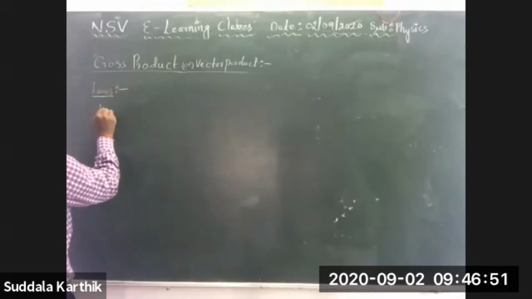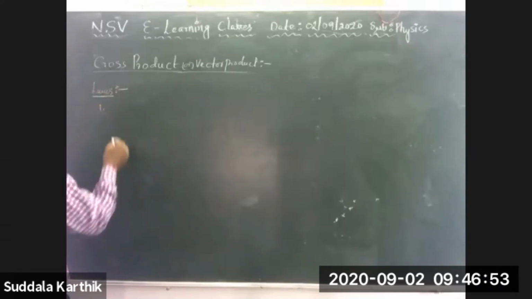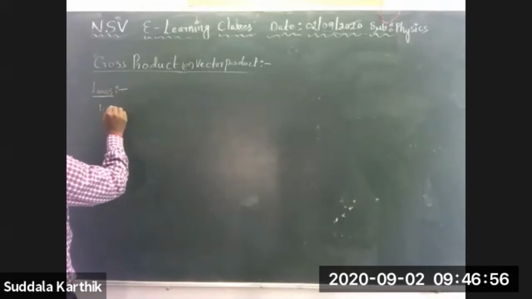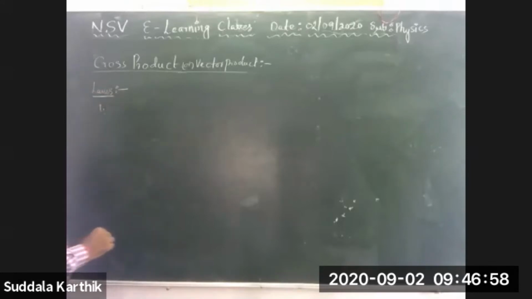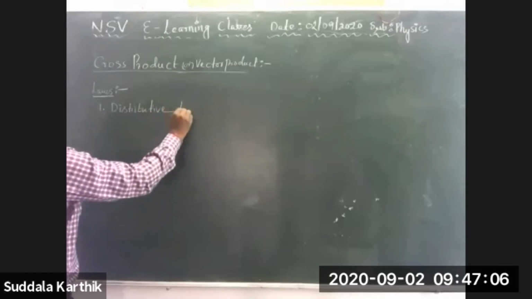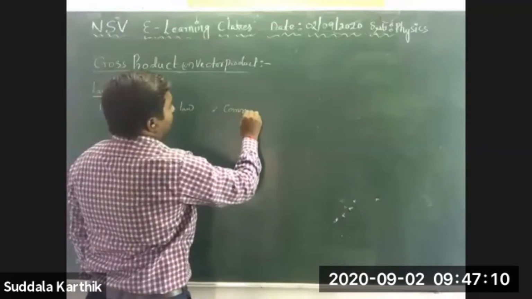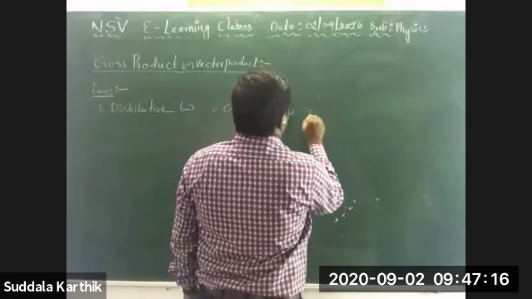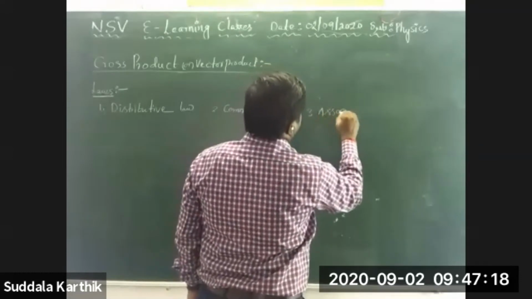First property is, yes, you know very well about that. What is that, Nana? Which law is it? Distributive law. Commutative law, associative law.